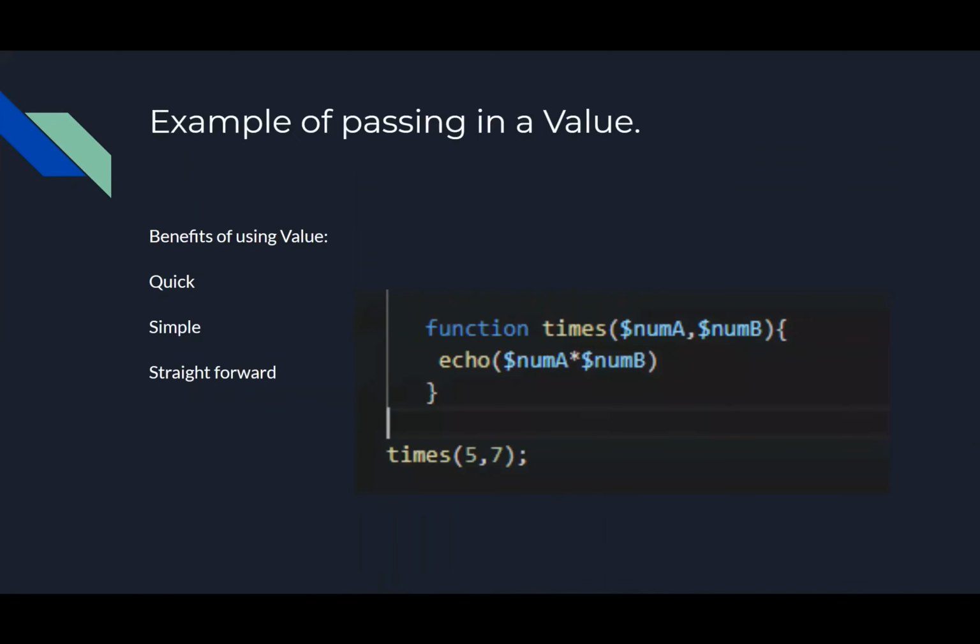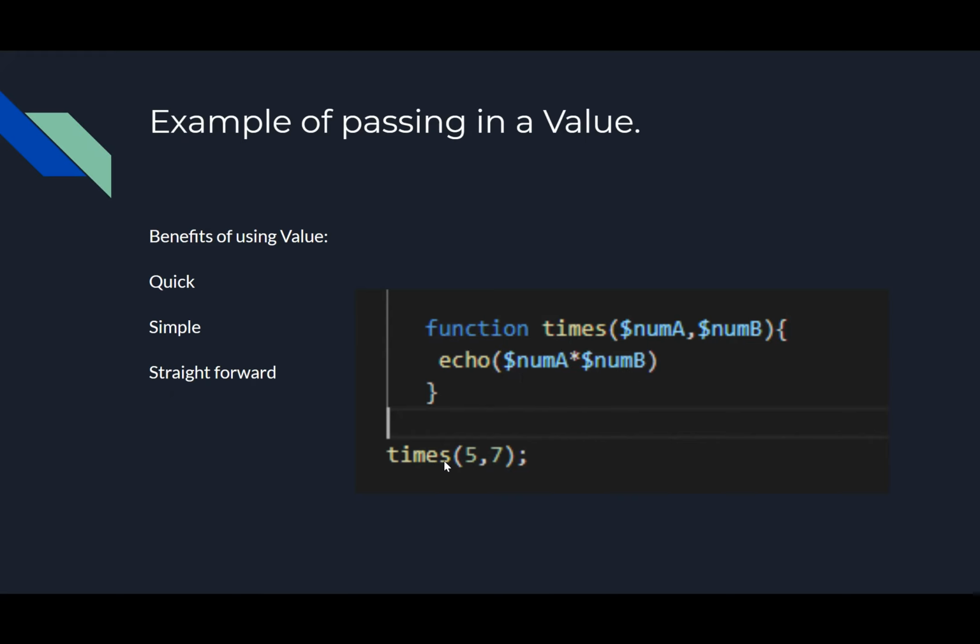An example of passing in a value situation is this function right here. If you look, you have this function times, num a and num b. Echo num a times num b.